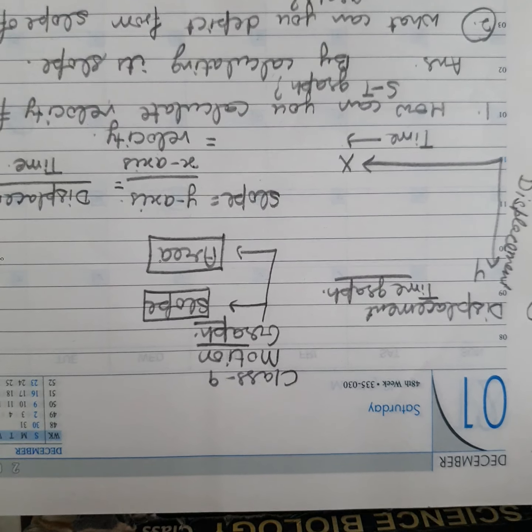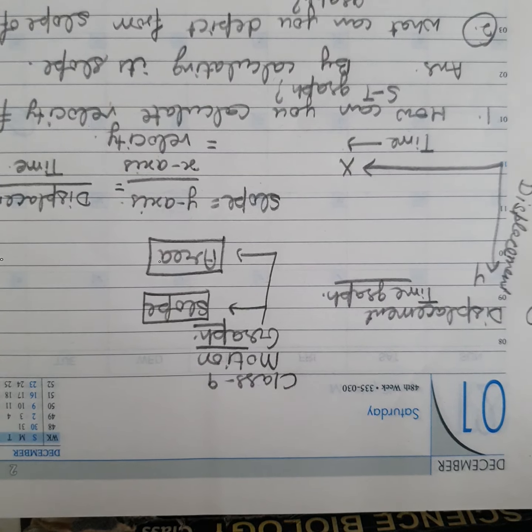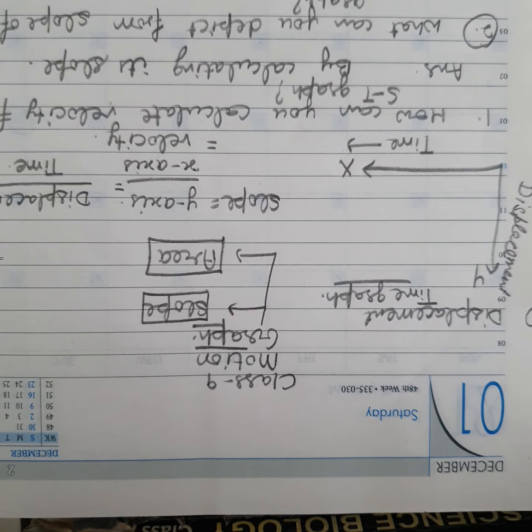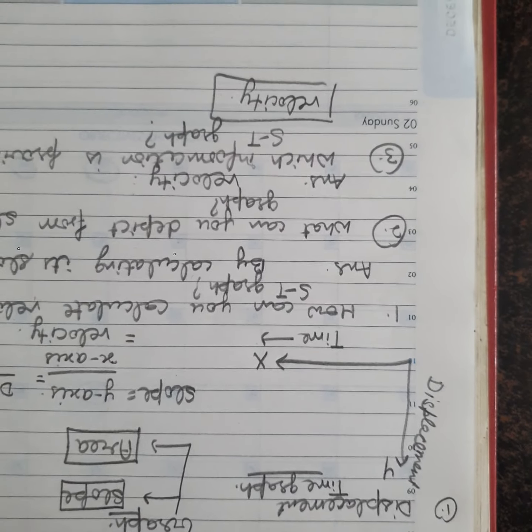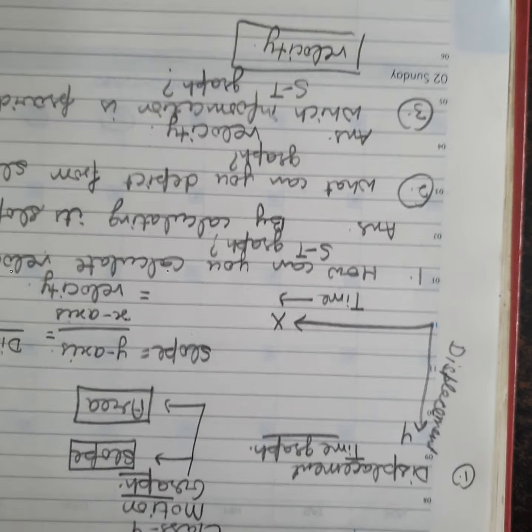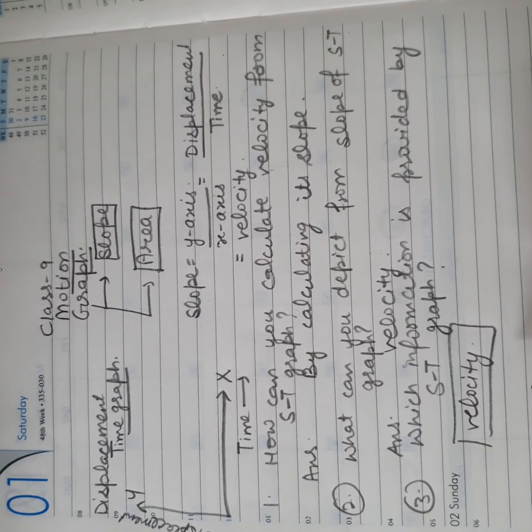Meaning, what can you calculate from this graph? You can calculate only velocity from this type of graph and nothing else. So these types of 1 mark questions will help you to learn this topic clearly.